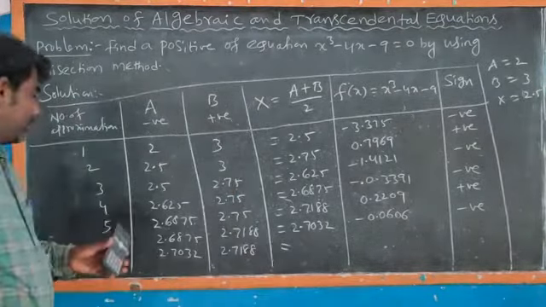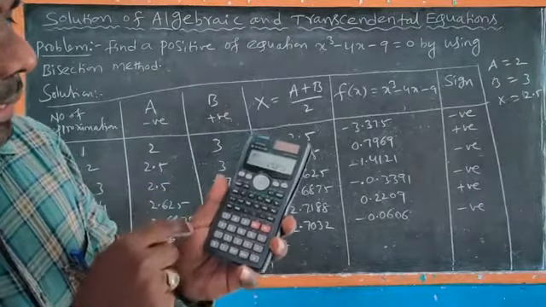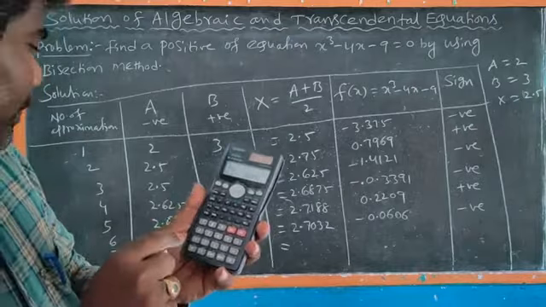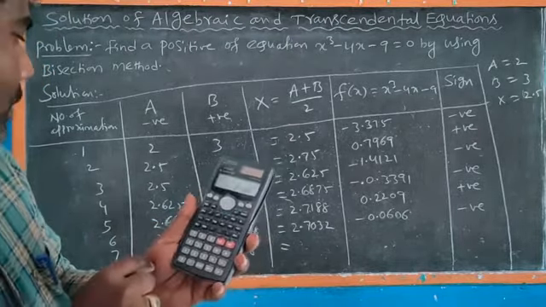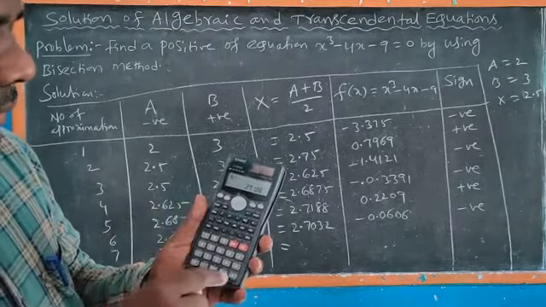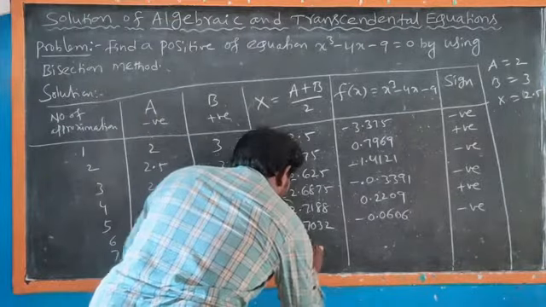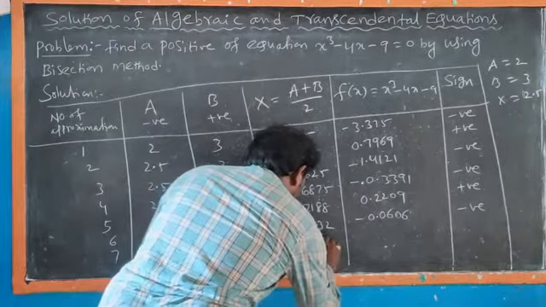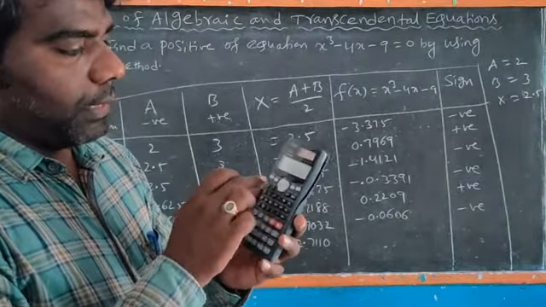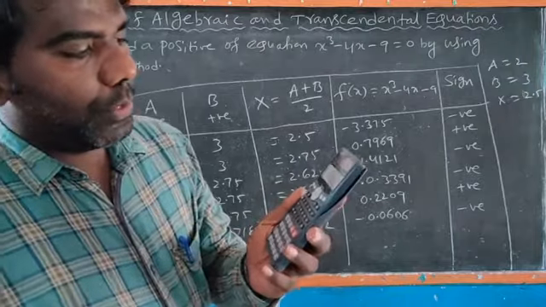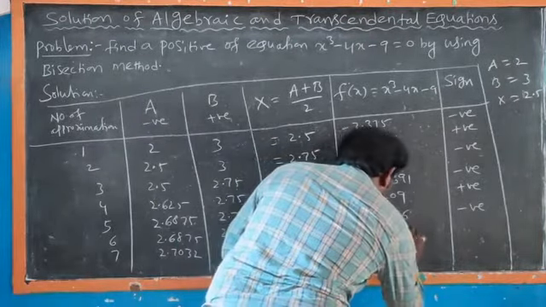Okay, right. Now go back to the formula. Calculate what is a: 2.7032. Calculate what is b: 2.7188. Then 2.7110. Okay, now substitute this value in this function, then 0.0806.